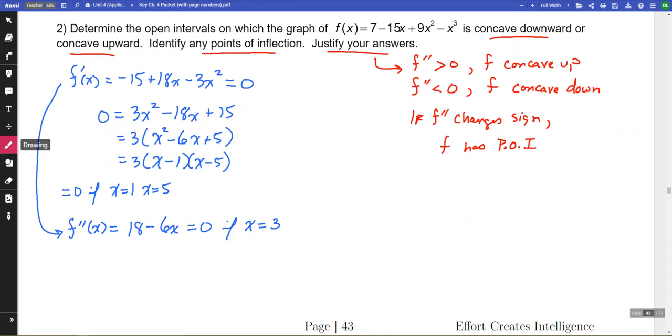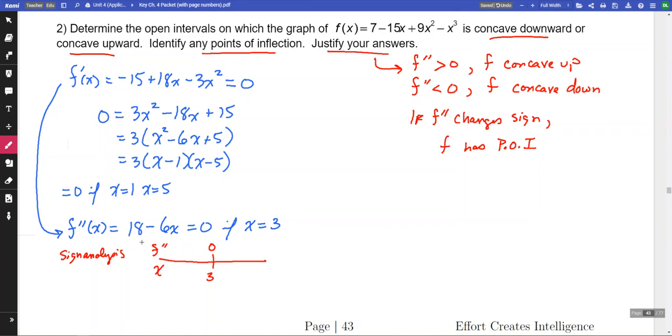We'll now come in and do a sign analysis. We want to figure out what's happening with our concavity. So here we go. At x equals 3, that second derivative is 0. Well, what if I have a number to the left of 3? For example, 2. Well, that's going to be 18 minus 6x.